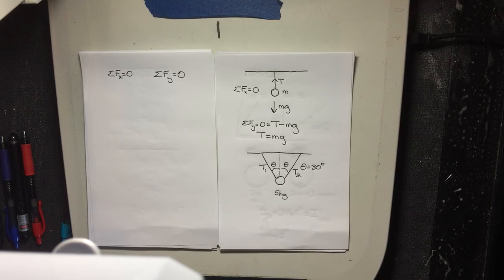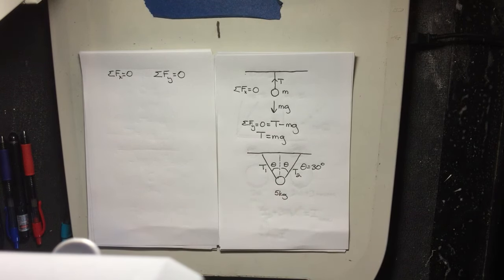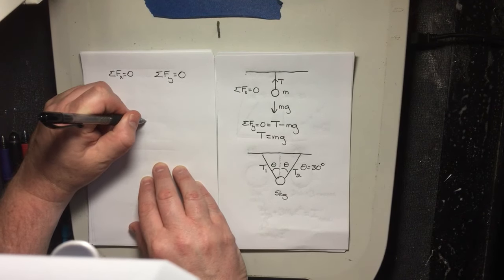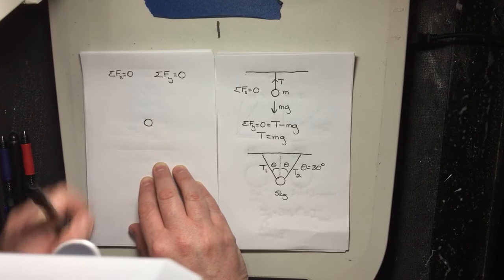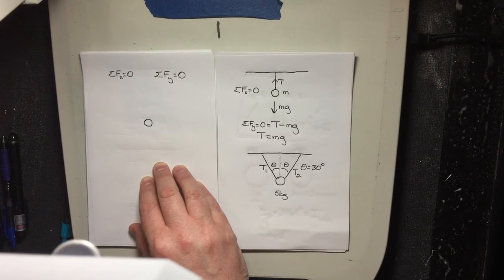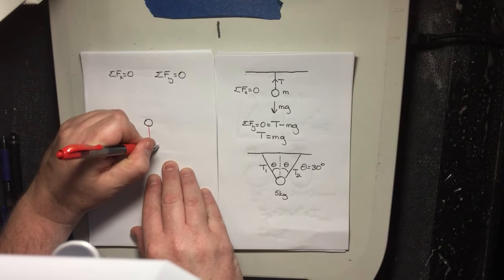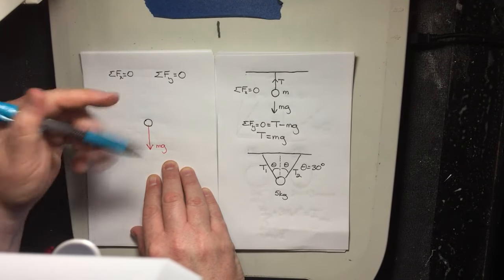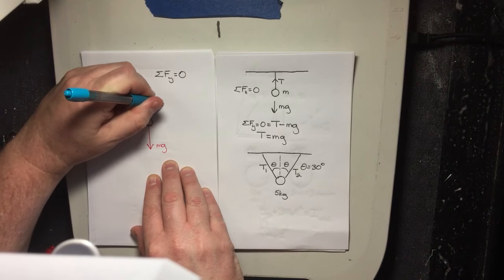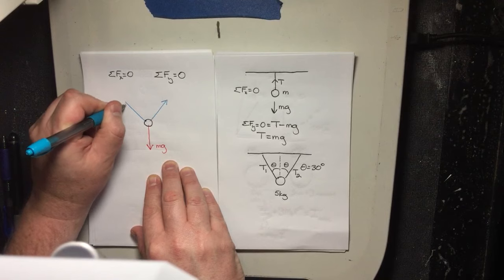So we skip it. Here, there are forces acting in the vertical and the horizontal. The thing that we have to know is there is one force pulling down on this, and then we have two forces pulling up.